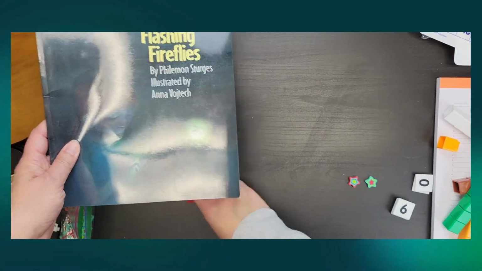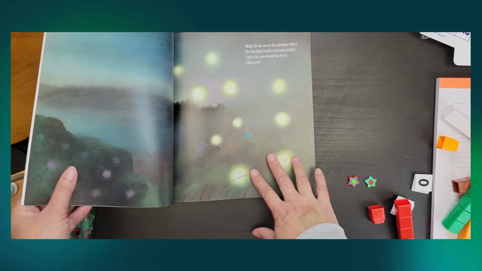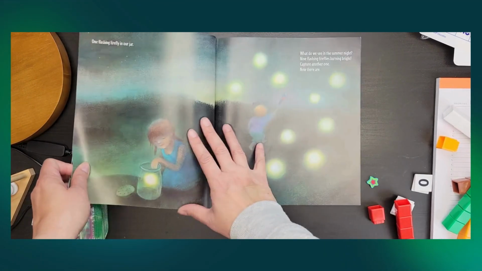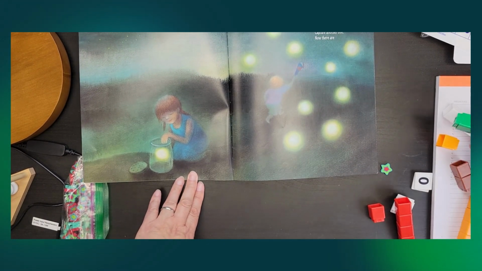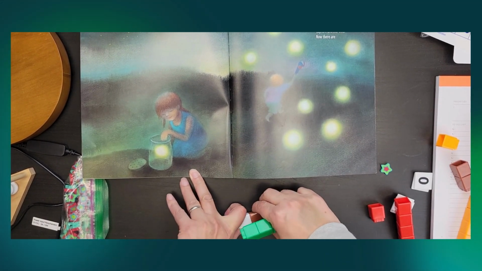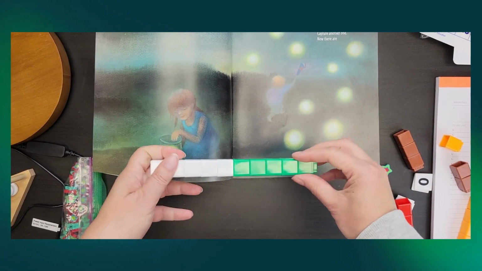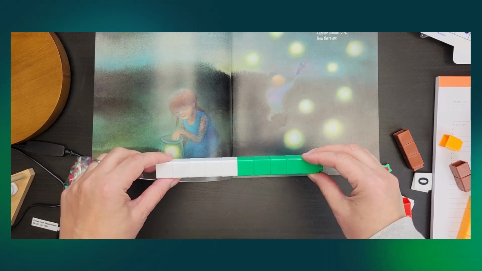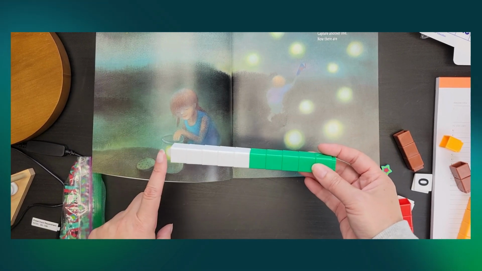Another is this book, 10 Flashing Fireflies. If we're wanting students to think about their relationships between 10, here is one way that I could think about that. If we gave them 10 in all, and here I have them divided up into sticks of 5 of each color, but you could give them 10 in one color and then have them find their relationship.